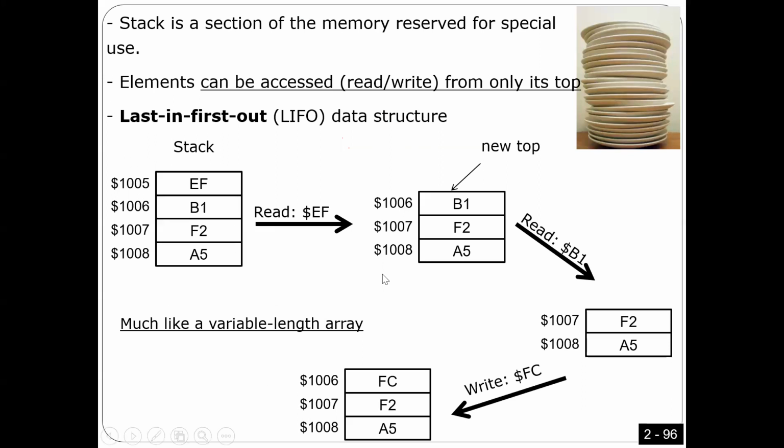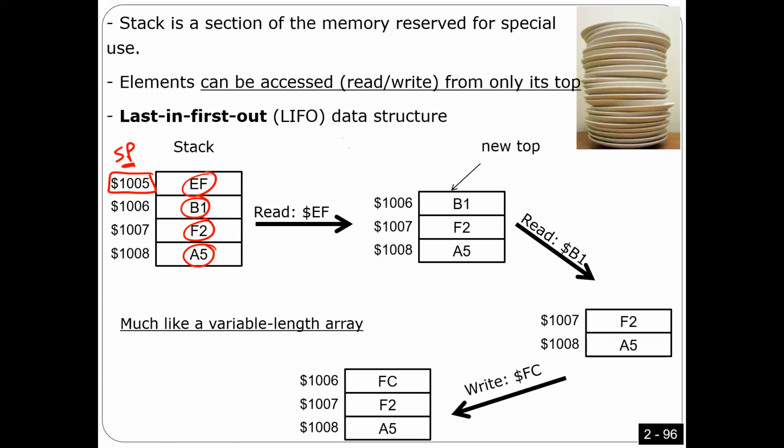For example, here I give you an example. Assume this is the stack. The stack is storing 1, 2, 3, 4 bytes, as you see here, 4 bytes. And 1005 should be stored in the stack pointer. So this is the top of the stack. Now I want to read from the stack. As I told you, I'm not going to say which memory location I want to read.